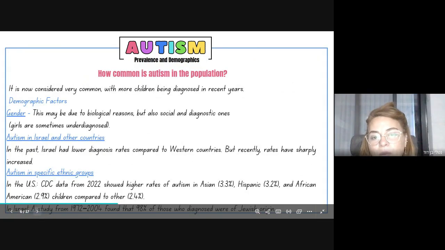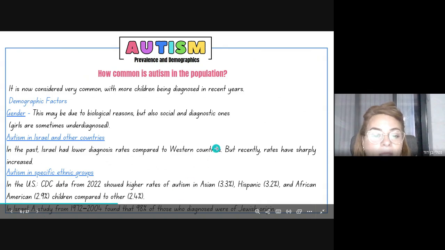Now we will talk about how common autism is in the population. It is now considered very common, with more children being diagnosed in recent years. Demographic factors, gender: this may be due to biological reasons, but also social and diagnostic ones. Girls are sometimes underdiagnosed. Autism in Israel and other countries: in the past, Israel had lower diagnosis rates compared to Western countries, but recently rates have sharply increased.